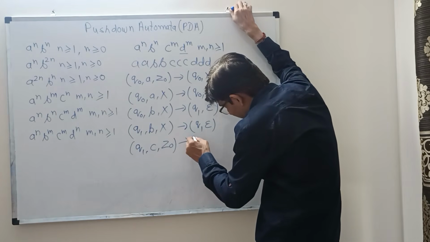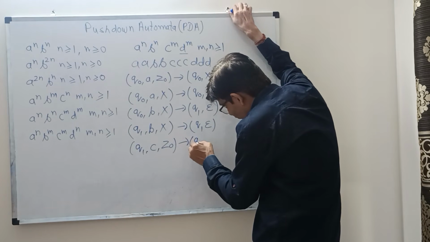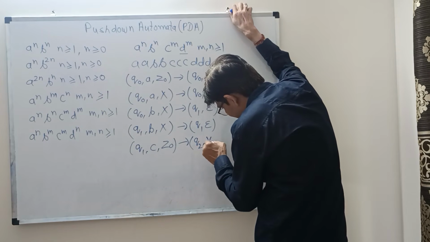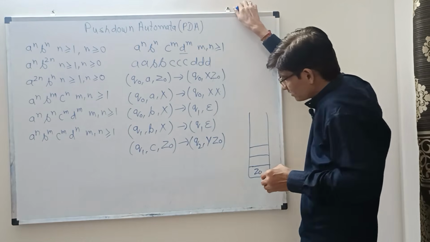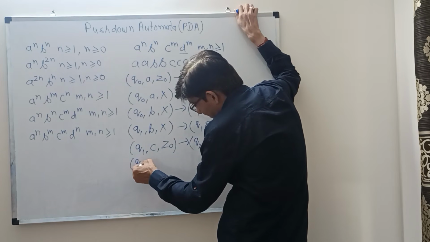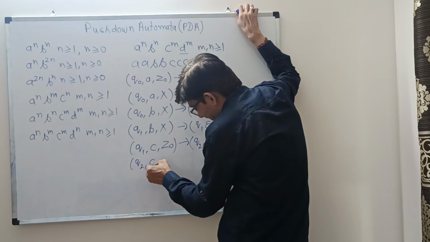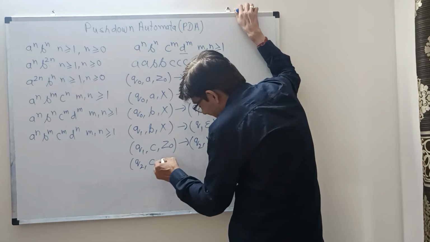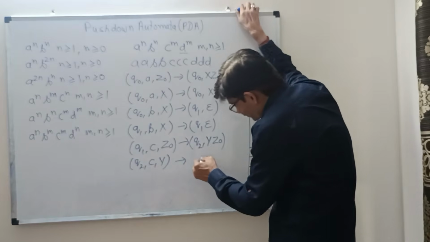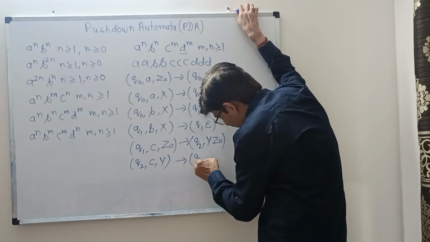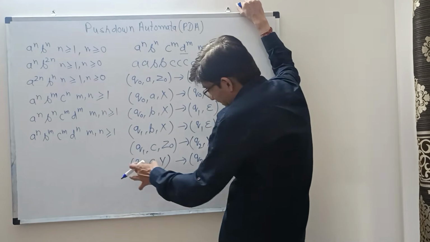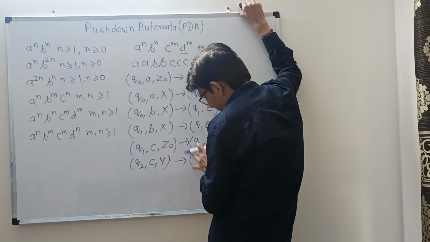Now here what we will do, we will move to next state Q2 and we will push one Y into the stack, and then on Q2 we will get next C. On Q2 we will get C again, and at that time Y would be on top of the stack. Then we will stay in Q2, we will push one more Y into the stack, and then you can read any number of C using this rule.